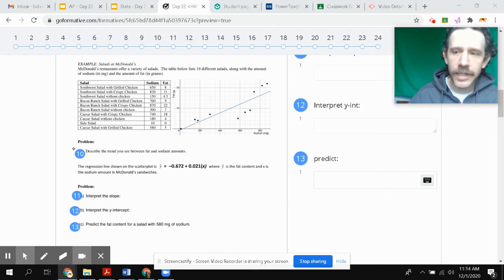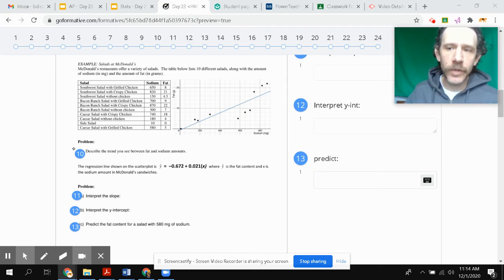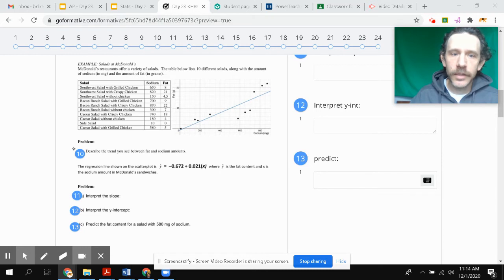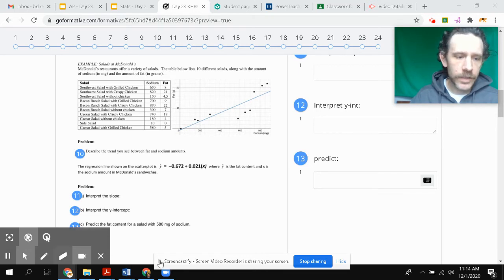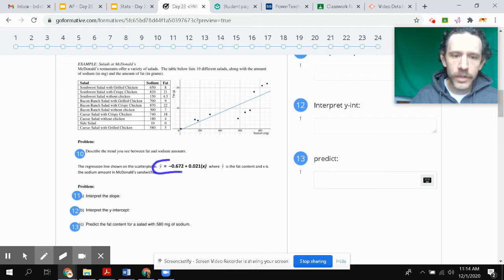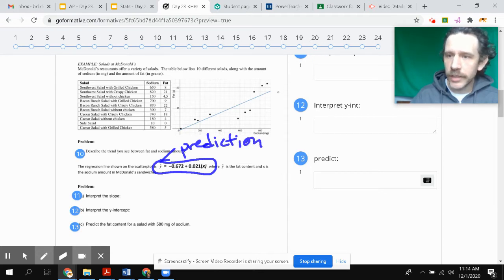So we have to think about how to write that out when we talk about the equation of the line, because it's not an actual outcome, it's a prediction. So there's the equation of the line, and we say y hat here because that is a predicted line, because it is not a line that connects every single actual data point.